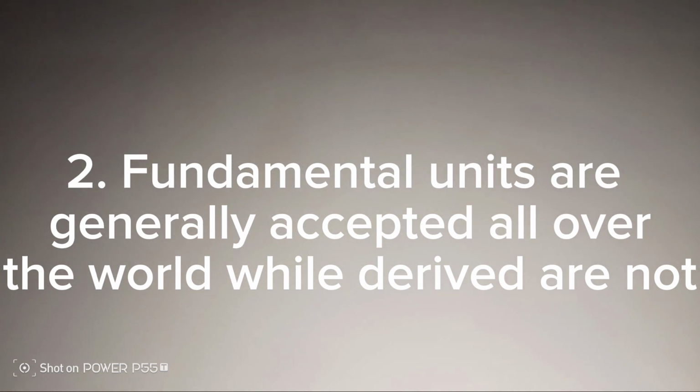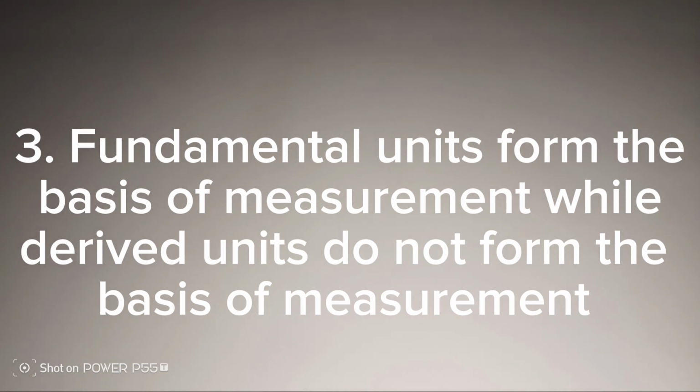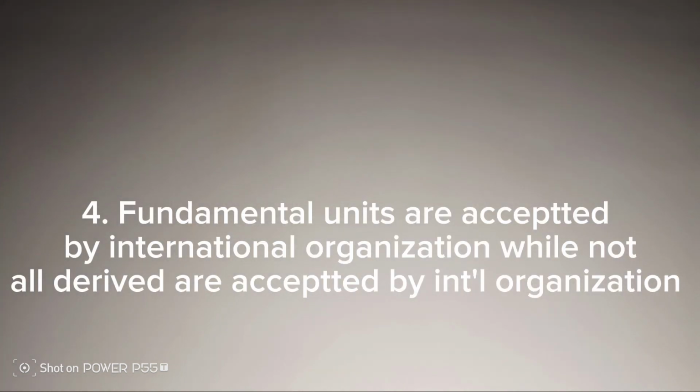Number three, fundamental units form the basis of measurement, while derived units are not the basis of measurement. Number four, fundamental units are accepted by international organizations, while derived units are not really accepted internationally.